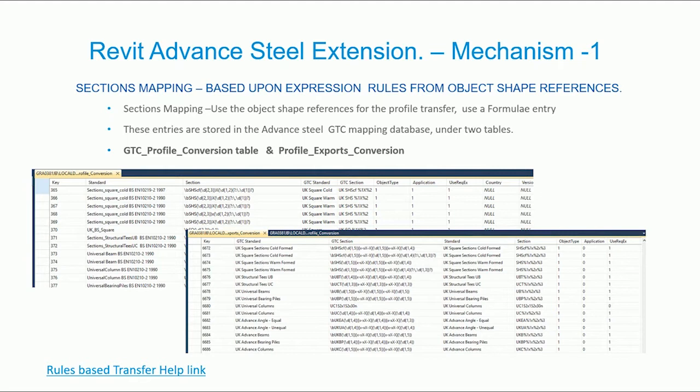Fundamentally it stores the information in a couple of tables inside the GTC mapping database. I would say this is not for the average user. It's for someone who has enough competence and understanding of the background. It was quite difficult for people to do this, including people like myself. It required a great deal of time and concentration to get through this process.